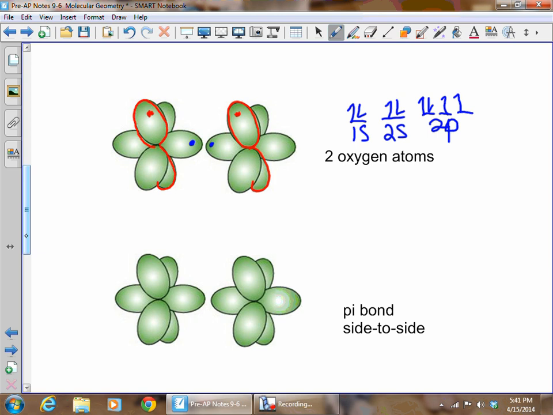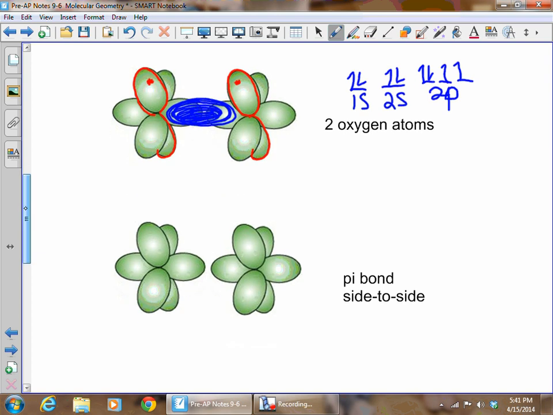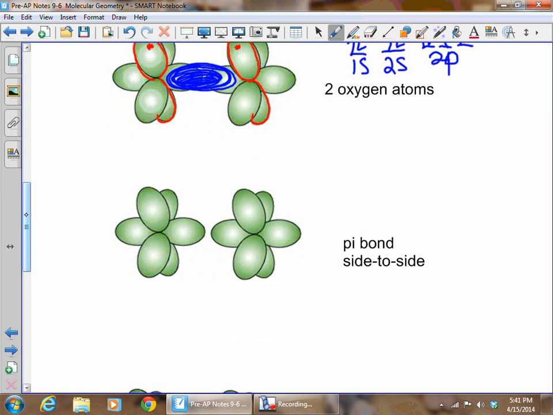When the first ones meet up in the head-to-head bond right here, we're going to get that sigma bond again. But these other ones, after that sigma bond forms, can't meet up head-to-head. They're not in the right geometry to meet up head-to-head.